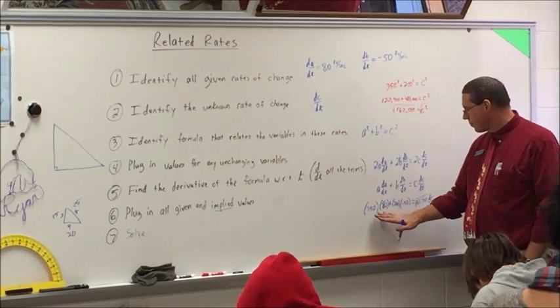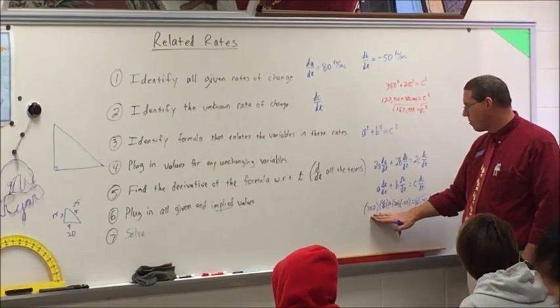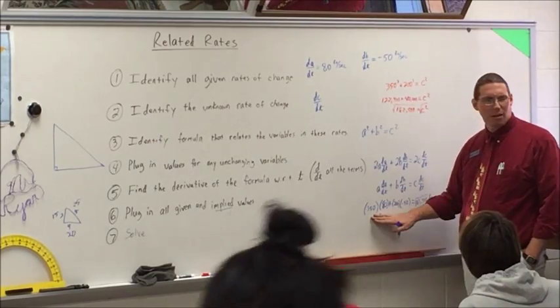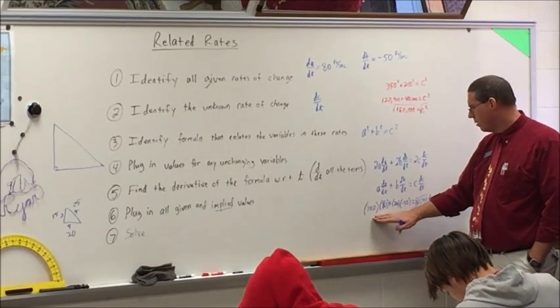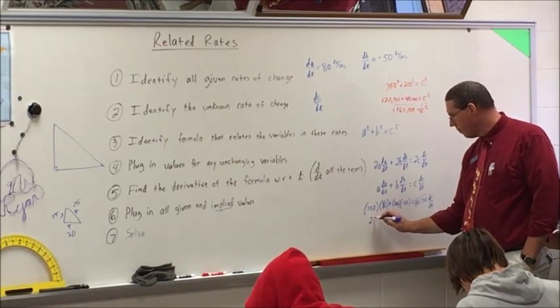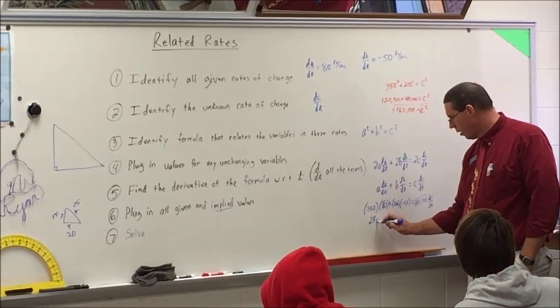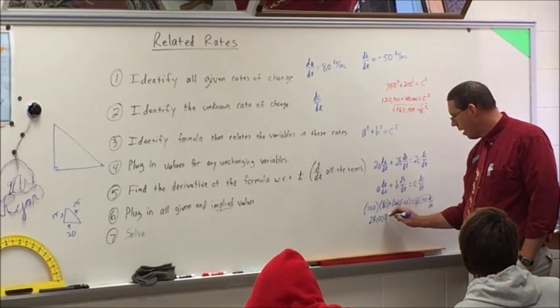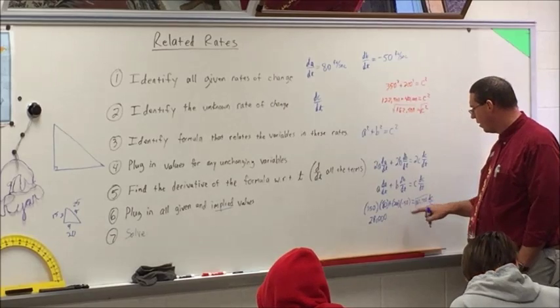And now, what is 350 times 80? Can somebody figure that out? 28,000. Alright, 28,000. And then what's 200 times negative 50 here?